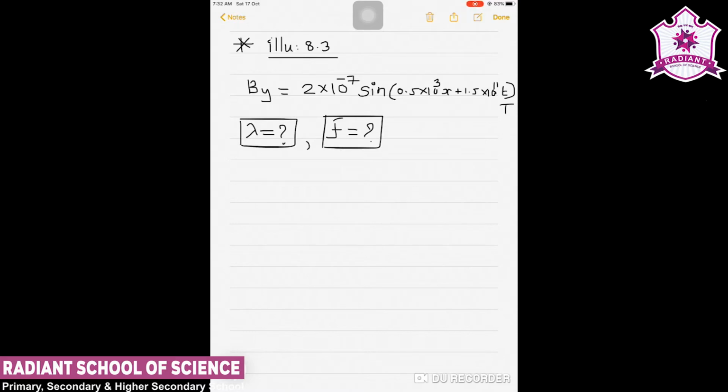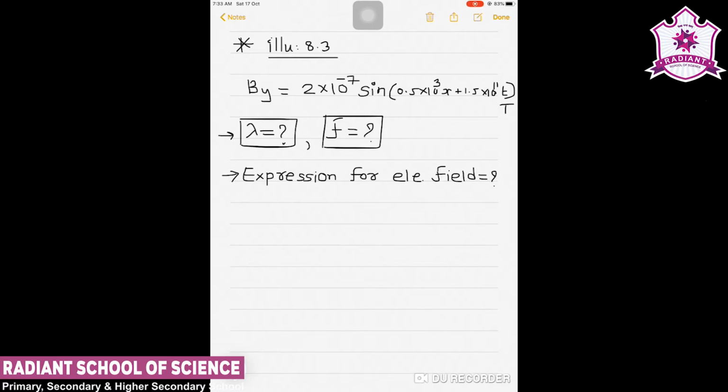Another question is asked: write an expression for the electric field. So they have asked us different questions in this manner.